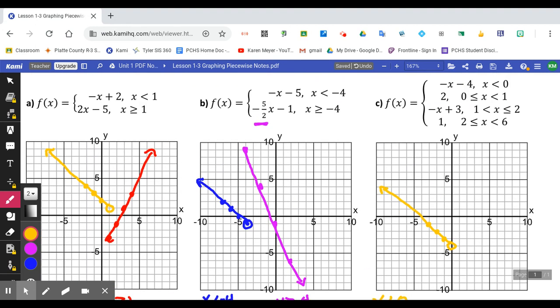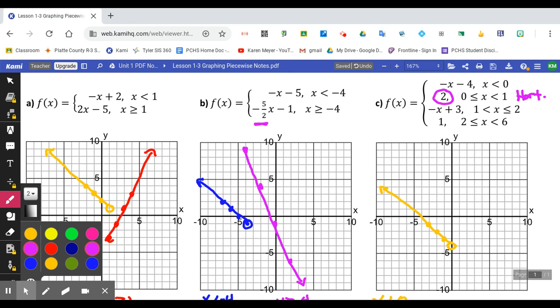So now when I look at the middle piece, do you notice that it just has on the left side 2 and it doesn't have a variable with it? So that means it's not going to be a diagonal line. That means it's going to be a horizontal line.